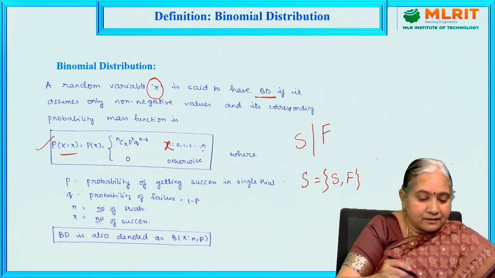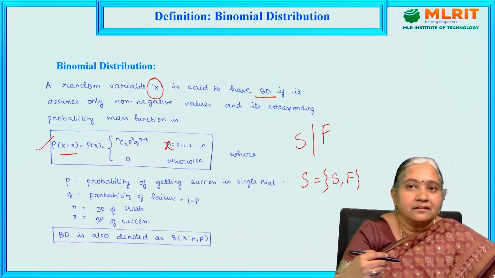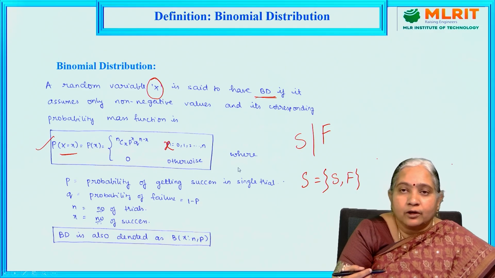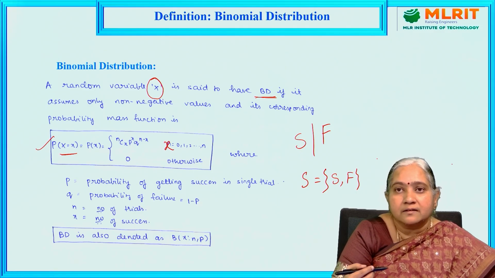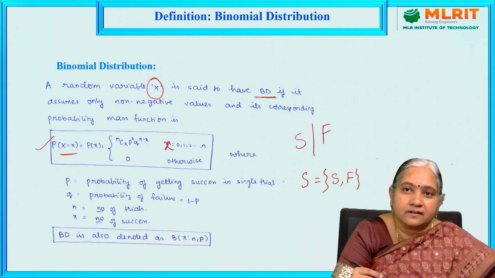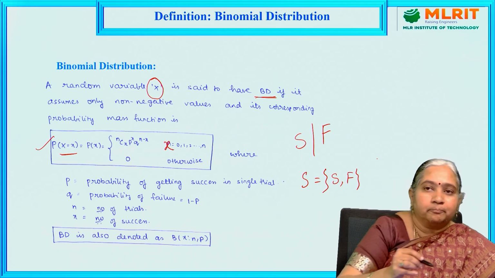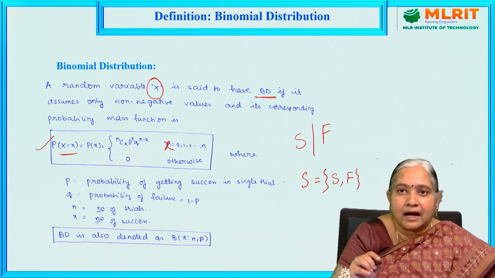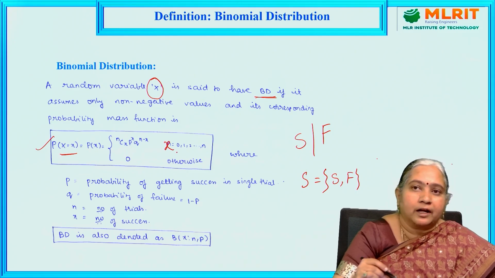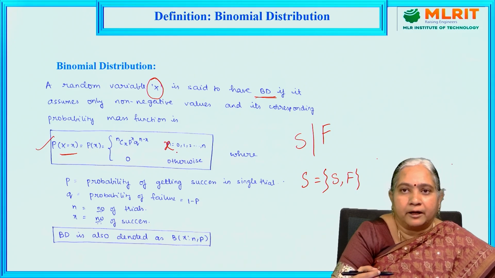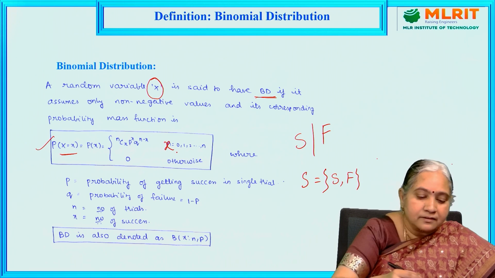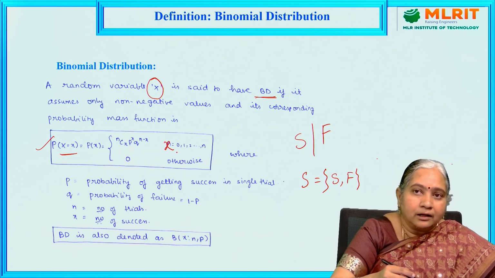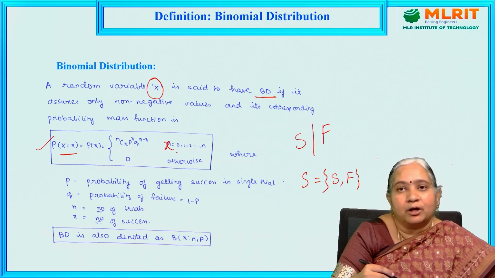So what is x? x is the number of successes. In a random experiment, whatever success event we define, x is the number of successes. If in any trial there is no success, then x takes the value 0. If only one success happened, then x equals 1. If two successes happened, then the x value is 2, and so on. x can take up to n successes.